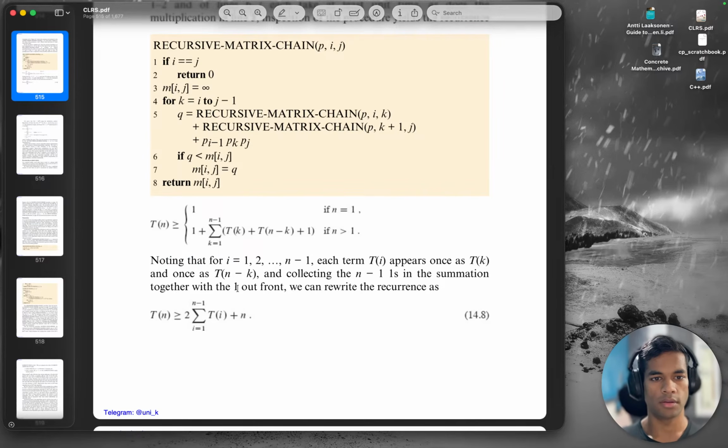Noting that for i equals 1 till i equals n minus 1, each term appears once as tk and once as t n minus k.